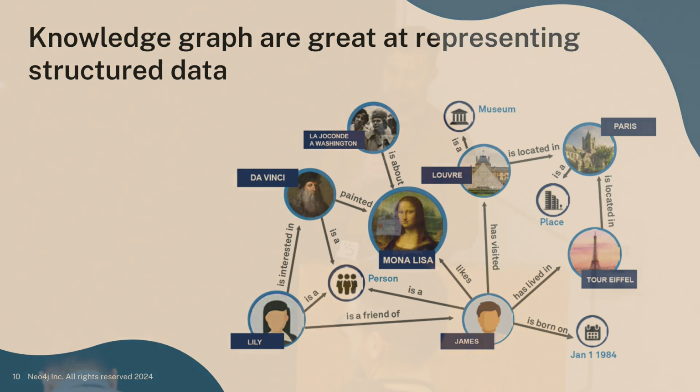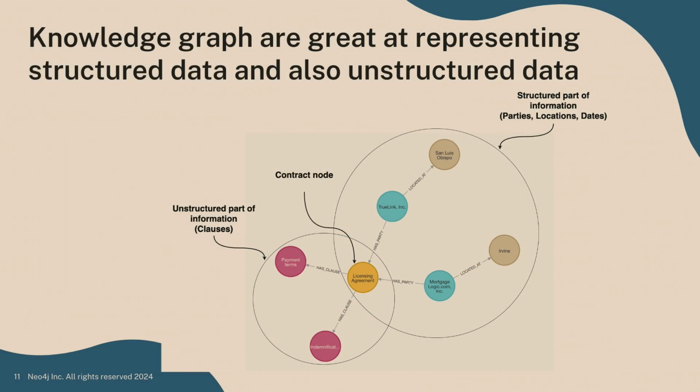Here, for example, we have Mona Lisa, which was painted by Da Vinci, and so on. But now, in the context of LLMs, the use cases have shifted a lot more to unstructured data.